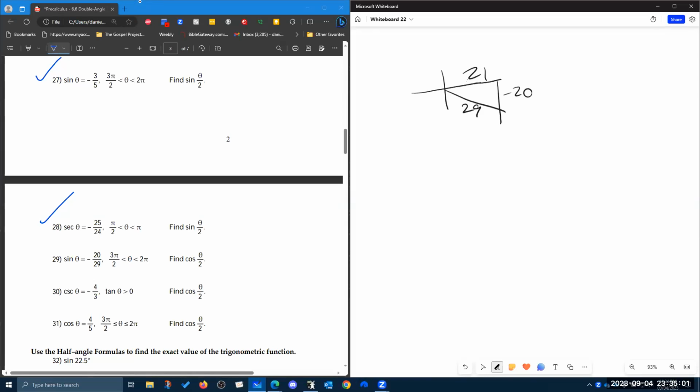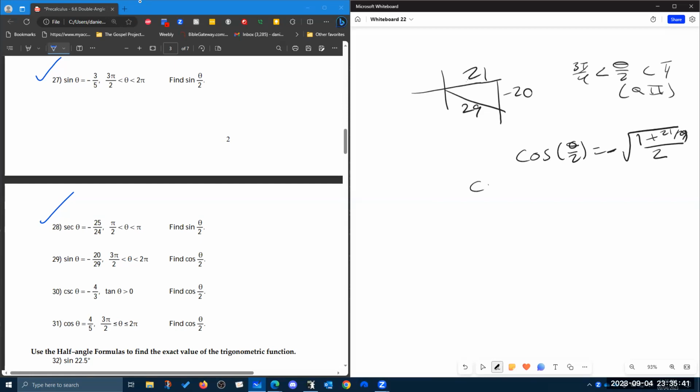Okay. And I need to find that the half angle here is between 3 pi over 4 and pi. So that's going to be the bottom half of quadrant 2, and cosine is going to be negative there. So cosine of theta over 2 is going to be a negative root of 1 plus this cosine value over 2.